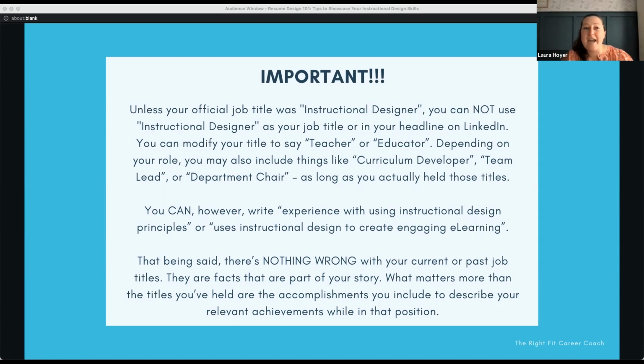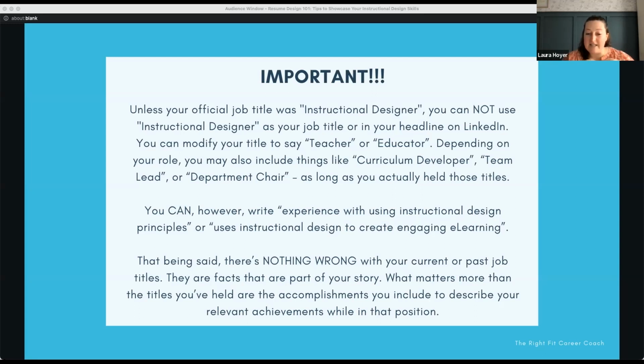You can, however, write things like experience with using instructional design principles, because that's true, or uses instructional design to create engaging learning. Those statements are true. Calling yourself an instructional designer, if that was not your title, is not true. If you have questions about this, I'm happy to answer them at the end as well.